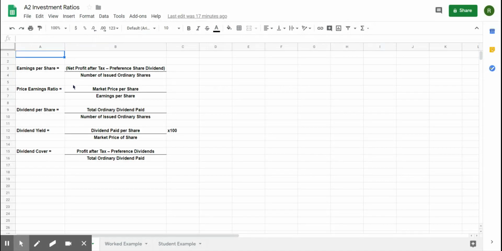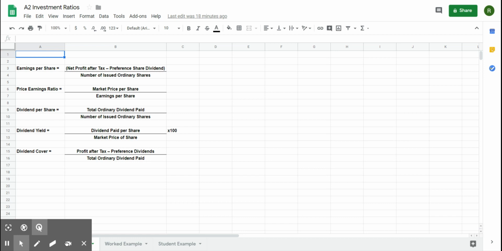So the 5 ratios I'm going to look at this time, 2 of them really are only there because you need to be able to calculate them to calculate something useful, are earnings per share. Earnings per share is the net profit after tax minus any preference share dividend, and that would only be preference share dividend on unredeemable preference shares, because any other kind of preference share would be included as part of finance costs, divided by the number of issued ordinary shares.